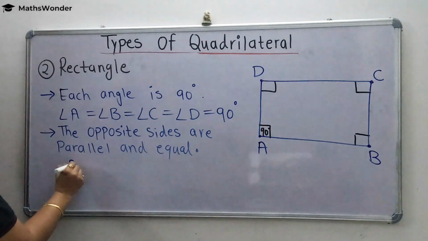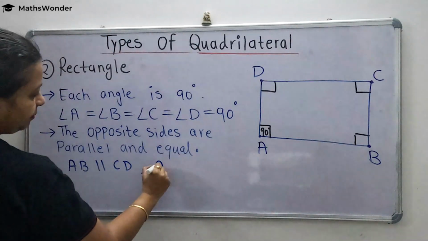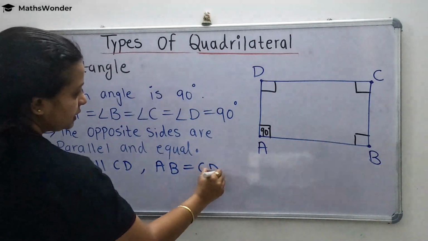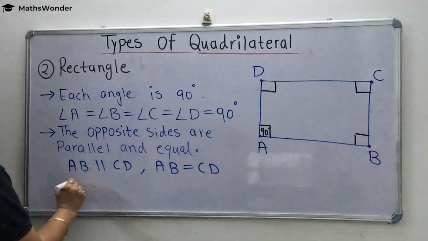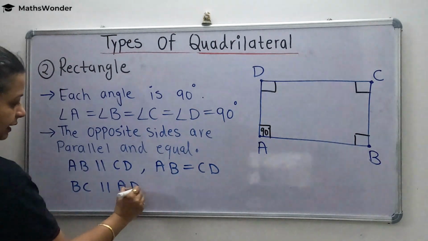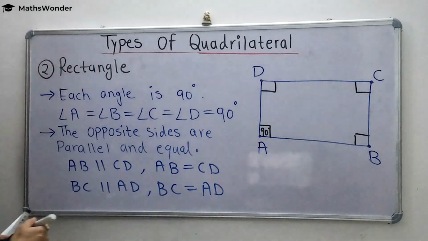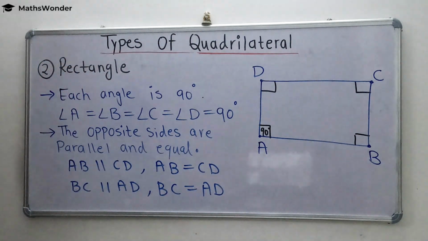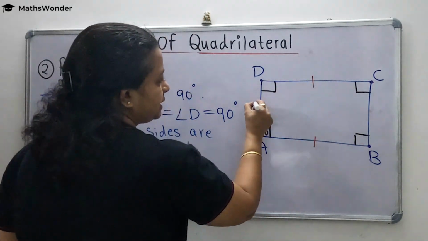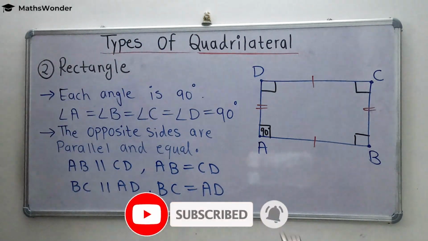AB is parallel to CD and AB is equal to CD. Same, BC is parallel to AD and BC is equal to AD. So this is parallel to this and this is parallel to this and equal also. This is the second property.